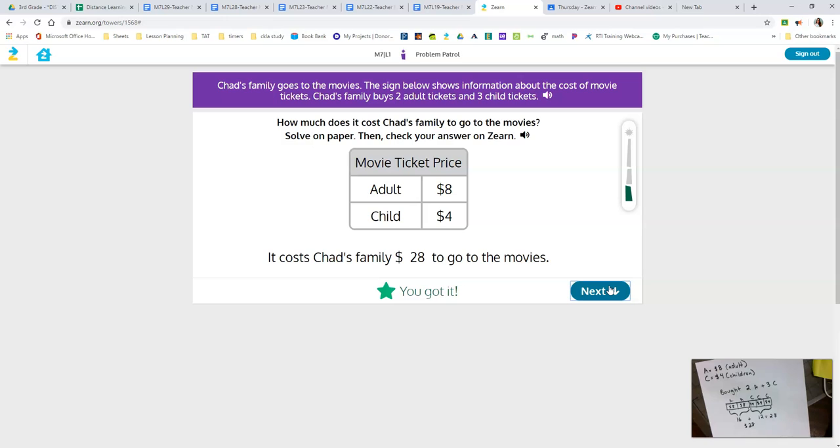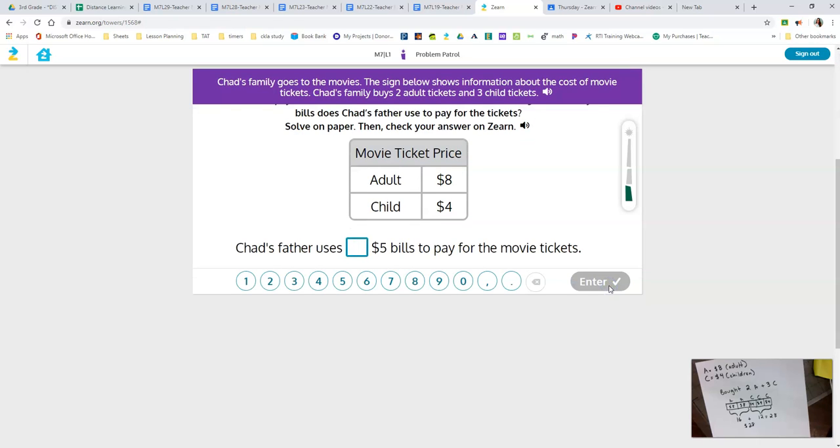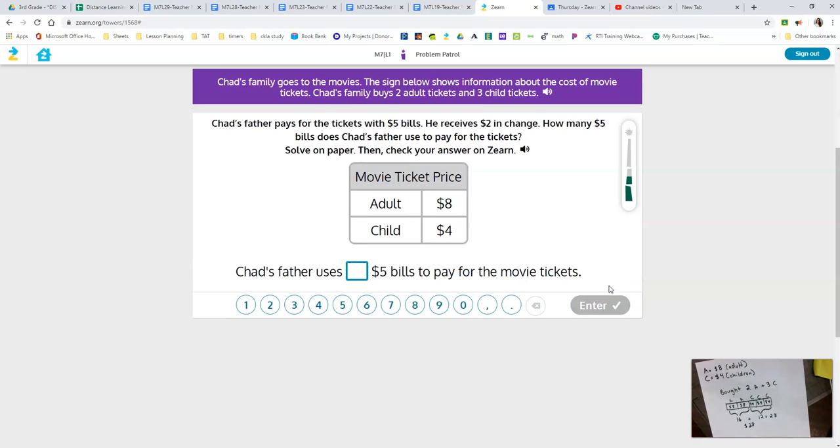That's all. Now, we're going to keep on going because it's probably going to make it a little more challenging as we go. Chad's father pays the tickets with $5 bills. So remember, the cost of the whole thing was $28. So we're going to keep going on this problem. He receives $2 in change.